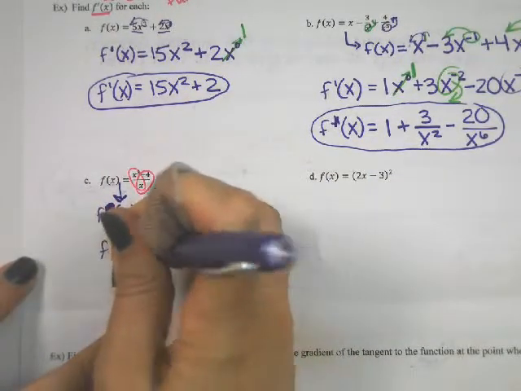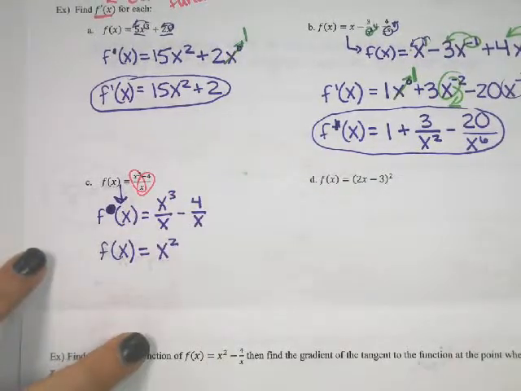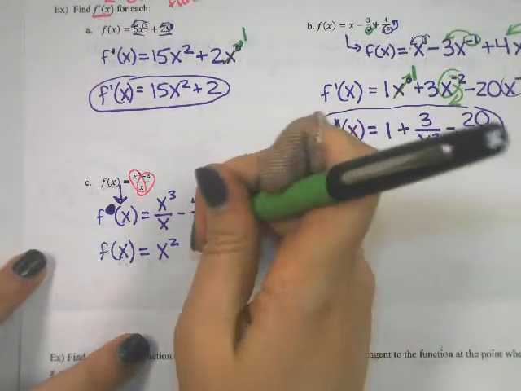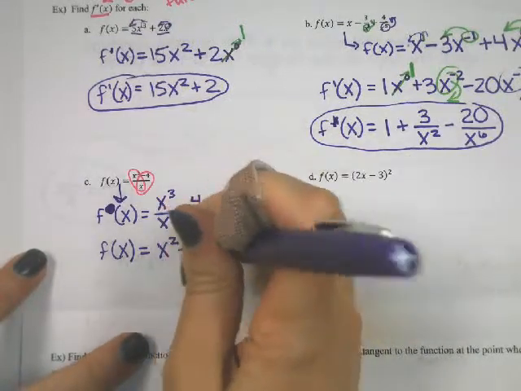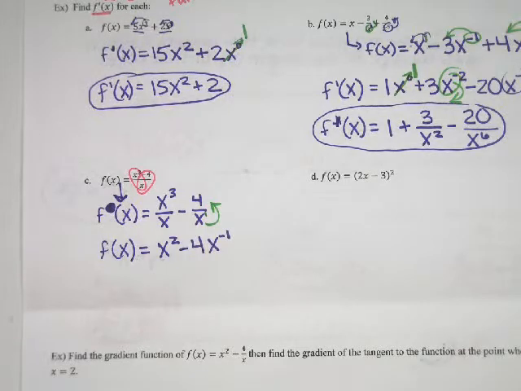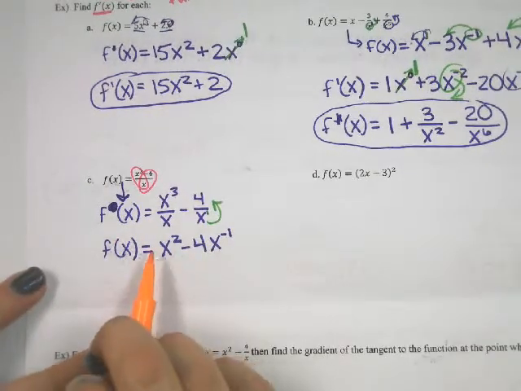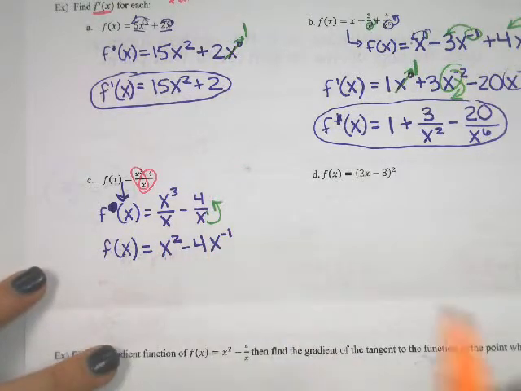So my function, x cubed divided by x, is x squared. One of those x's cancels. And we have to get this x up to the top, so this will be minus 4x to the negative 1 in order to flip it up to the top. Now we're ready to find the derivative because it looks like our power property, where we have a number times x to a power.